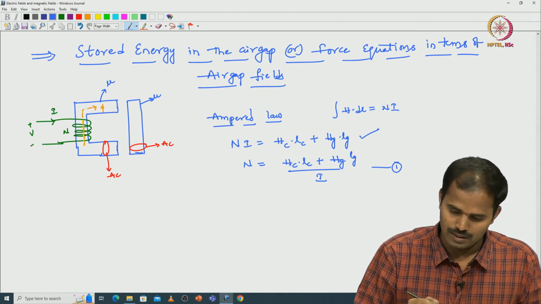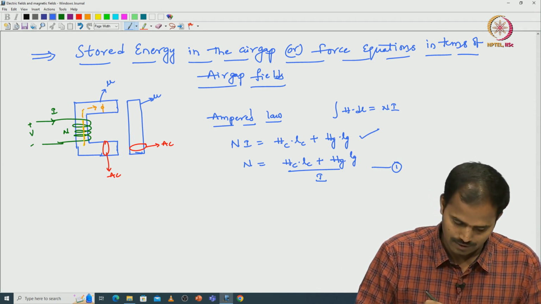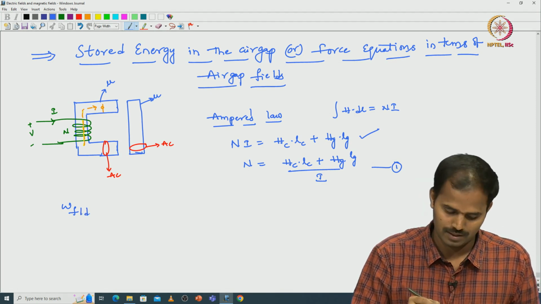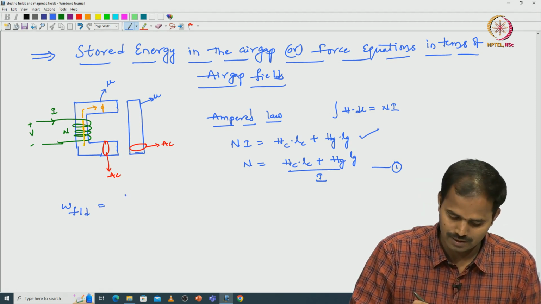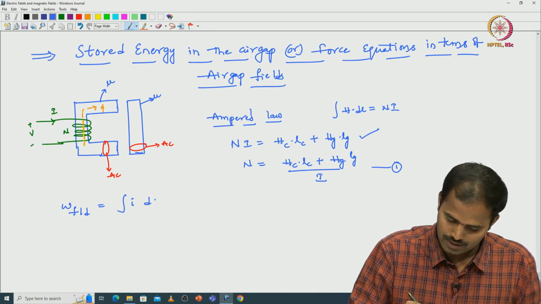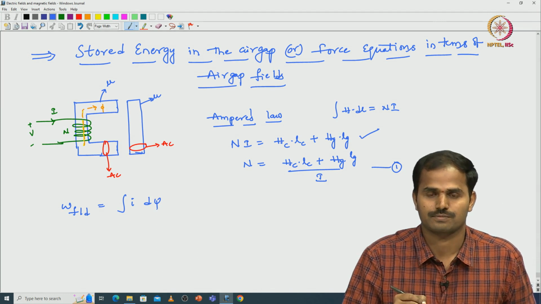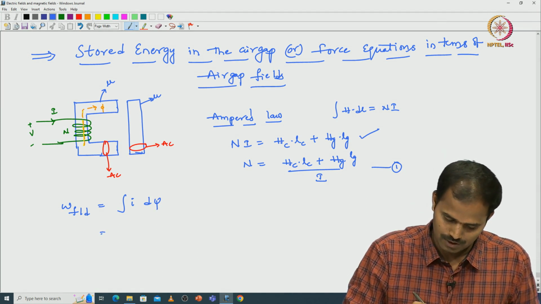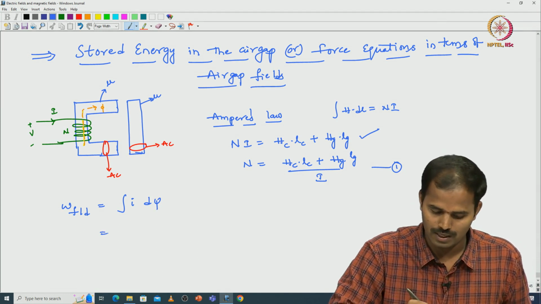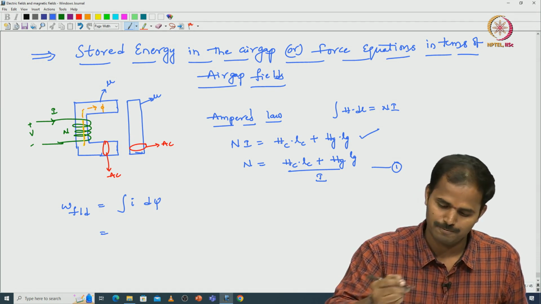Now, in the last lecture, we discussed the field energy. The field energy expression is the integral of I d psi. So here, substitute the I value from equation 1.